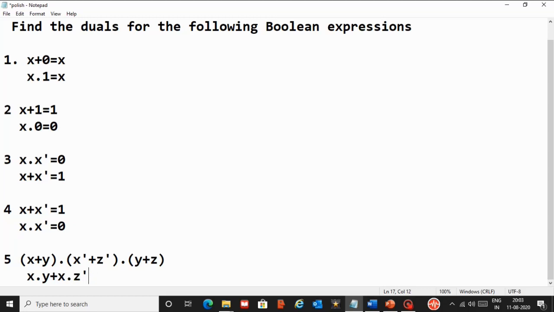Then, after that, instead of dot, I need to substitute it with plus, and then y dot z. This is the dual of the expression. The dual of x plus y into x bar plus z bar into y plus z is x dot y plus x bar dot z bar plus y dot z.